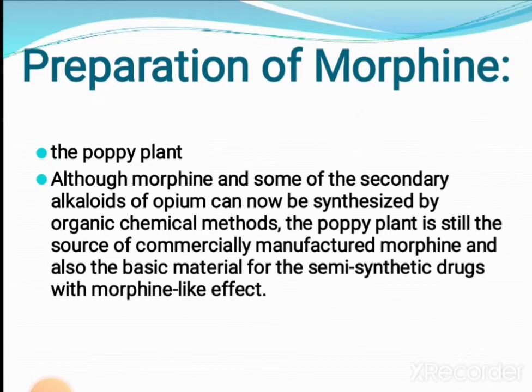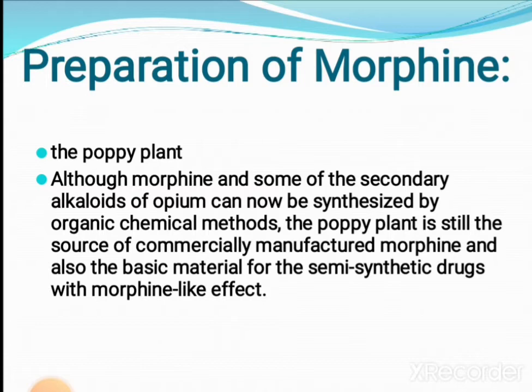Then preparation of morphine. It means where morphine is prepared. First of all, it is prepared from poppy plants. Although morphine and some of the secondary alkaloids, we know that morphine is itself an alkaloid narcotic drug and can now be synthesized by organic chemical methods.